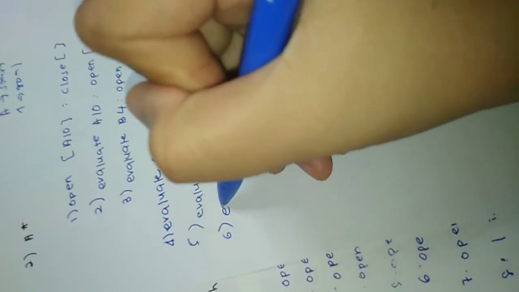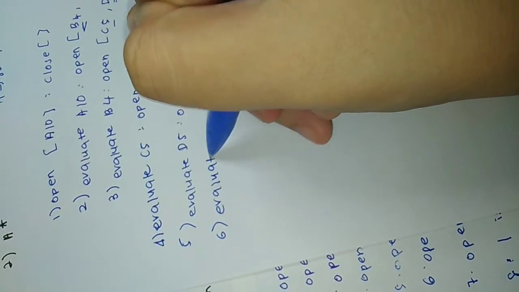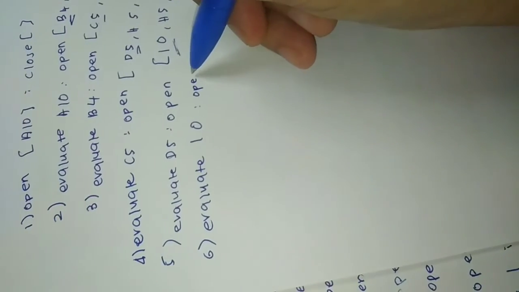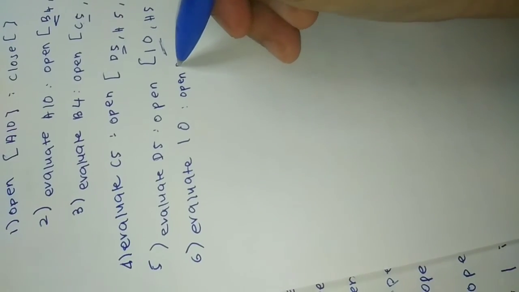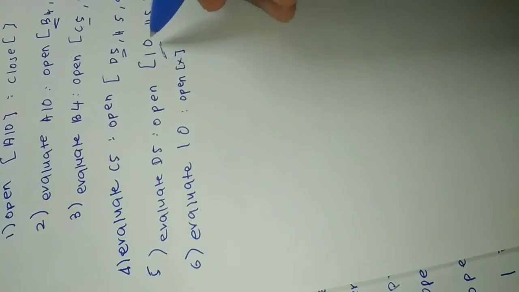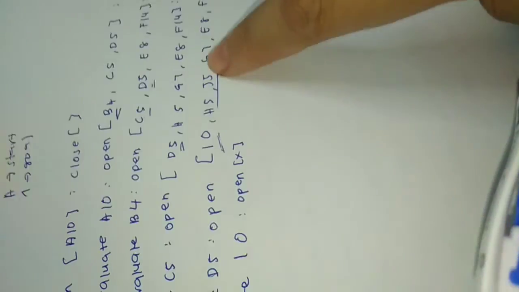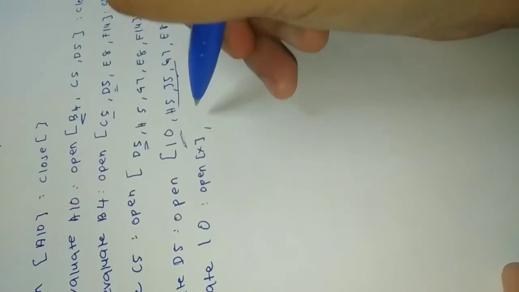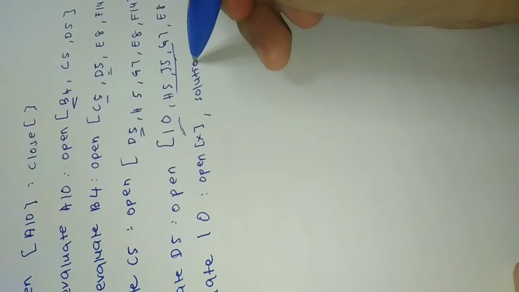So then we're going to evaluate I0. We have nothing to open. The others you can just let go because we don't need them anymore. Also, automatically the solution is found.